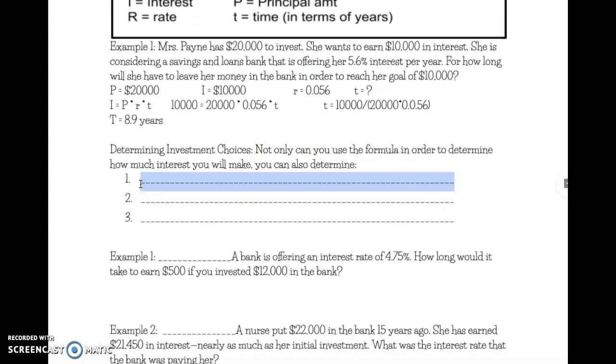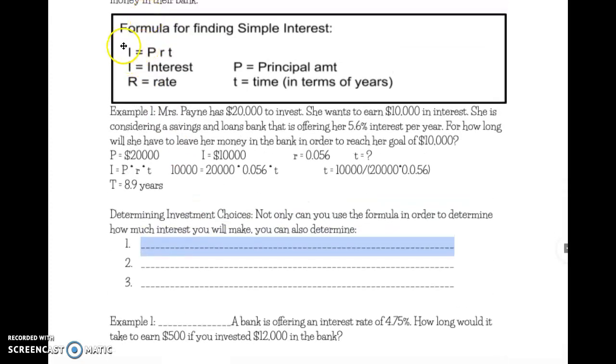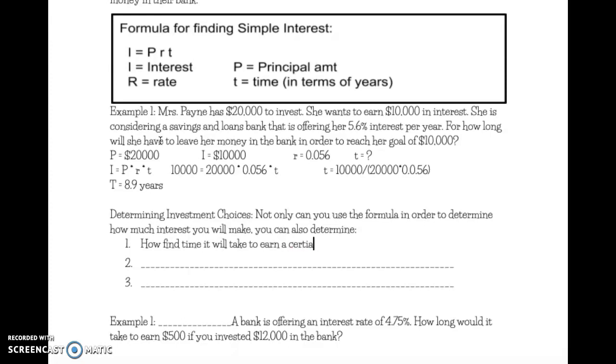So determining investment choices, not only can you use this formula to determine how much interest you can make, because that's what our formula primarily does, you can also use it to find out how much time it will take to earn a certain amount of interest. Just like we did in this example. We can also use it to find out what rate you will need in order to make a certain amount of interest.